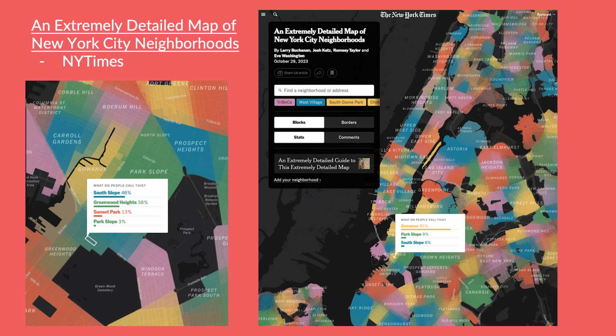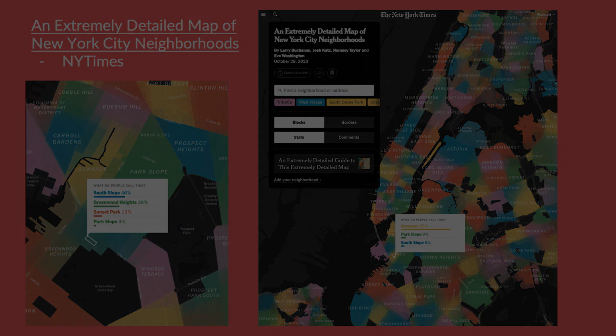So yeah, this is a really cool visual and not something that you may be able to do, but I think it's very inspiring in terms of its interactivity. So I encourage you to check this out and see what your neighborhood is referred to as.